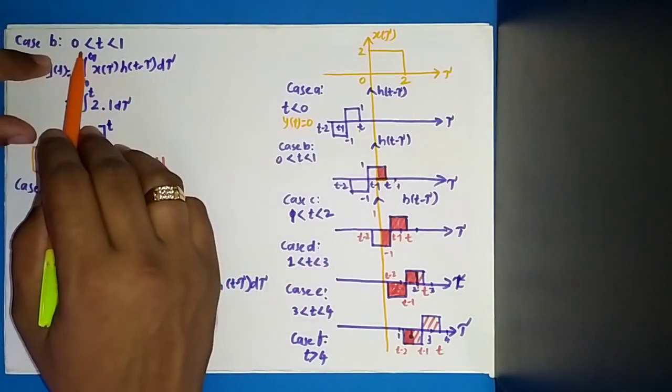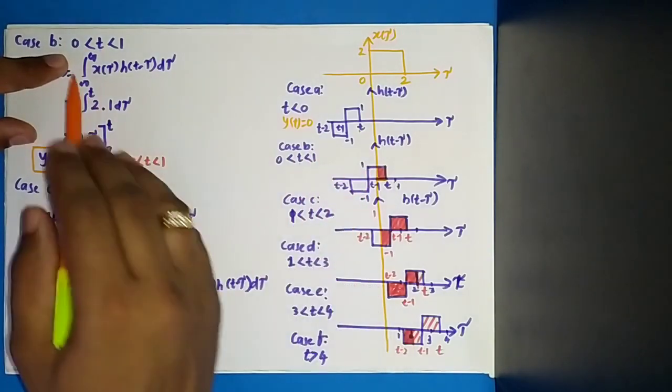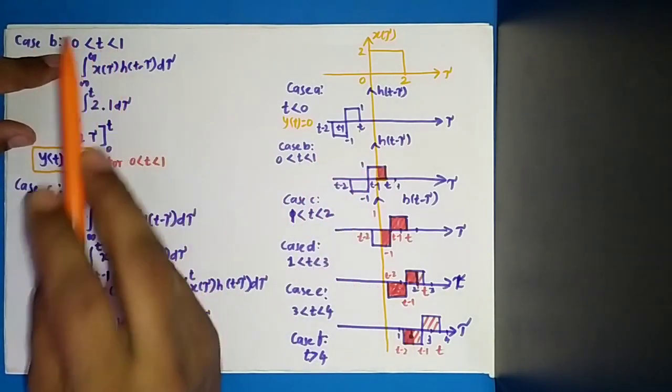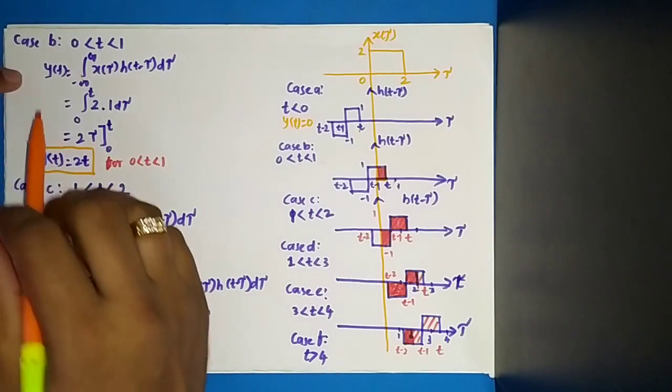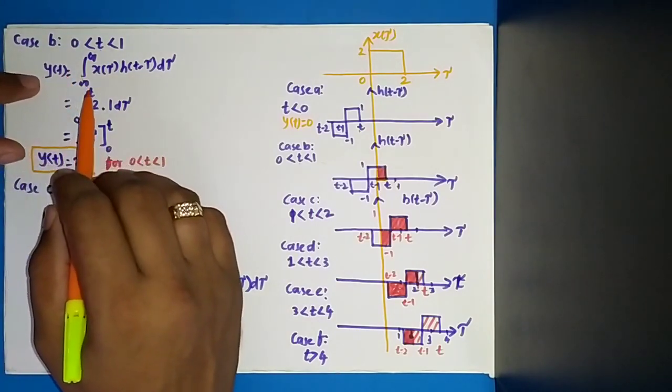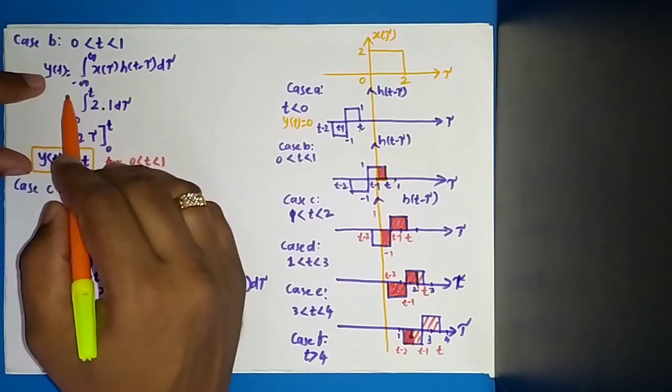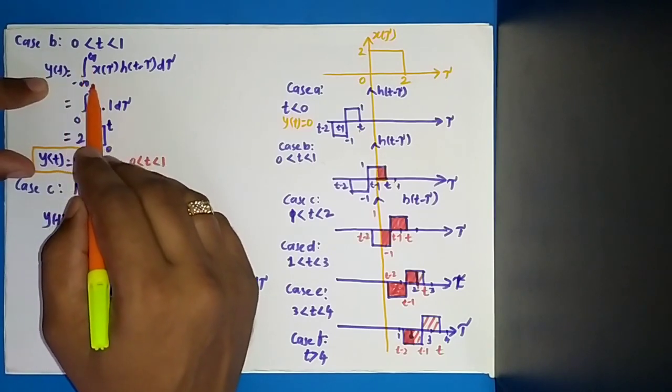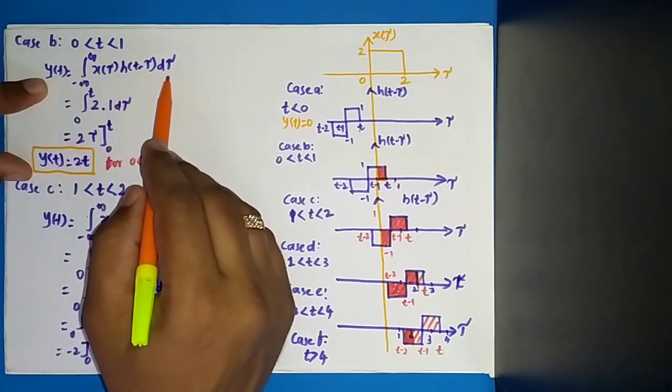For case B, the t term is assumed to be between 0 and 1. If this is the case, what will our y of t be? We have the expression for the convolution integral, y of t equals the integral from minus infinity to infinity of x of tau h of t minus tau d tau.